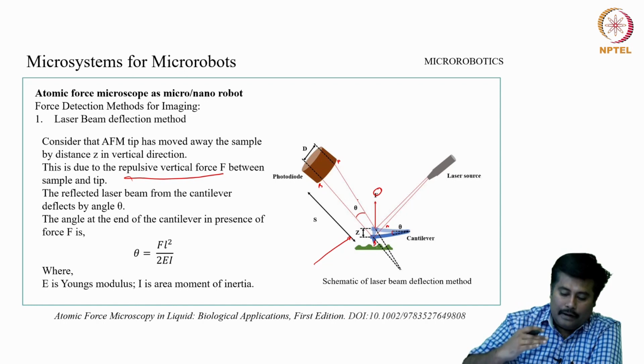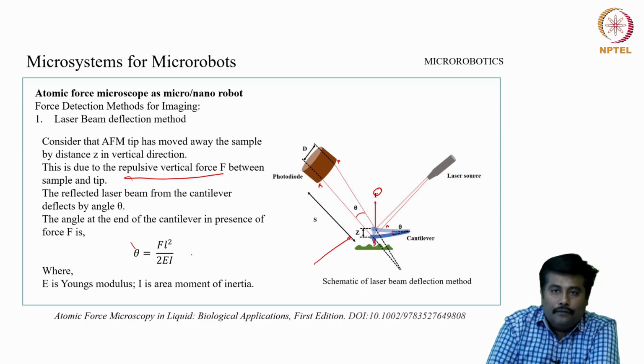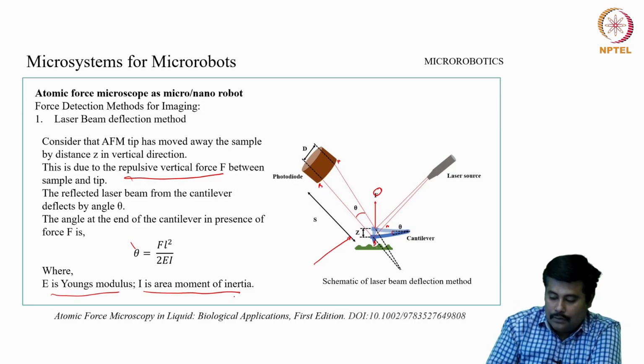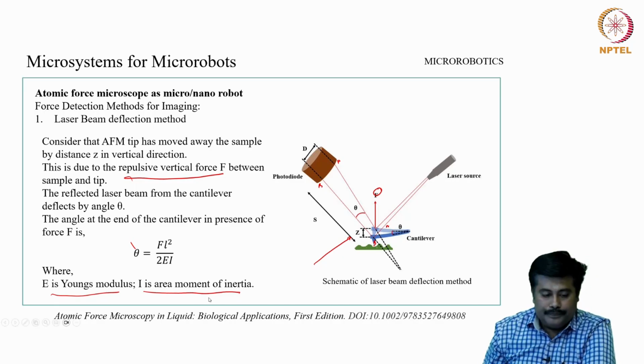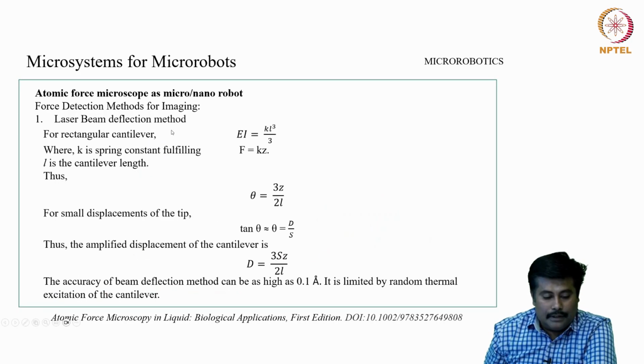The angle at the end of the cantilever in the presence of force F is estimated as theta equals FL squared by 2EI, where E is the Young's modulus and I is the moment of inertia. So, this is the laser beam deflection method.